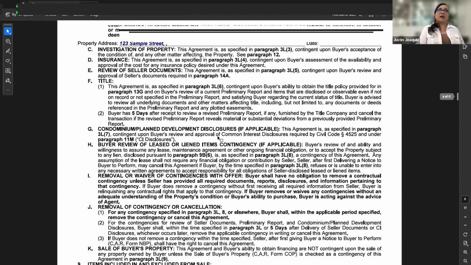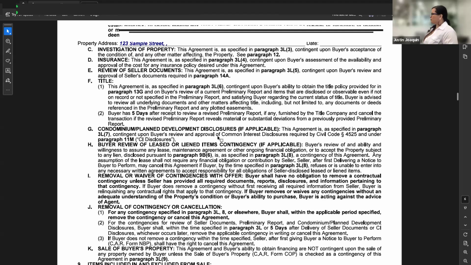We're still in the contingency paragraph, 8C, investigation of property. What I like to highlight is the second sentence. I'm going to read the whole thing. This agreement is, as specified in paragraph 3L, contingent upon buyer's acceptance of the condition of and any other matter affecting the property.